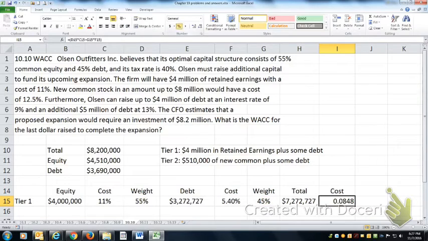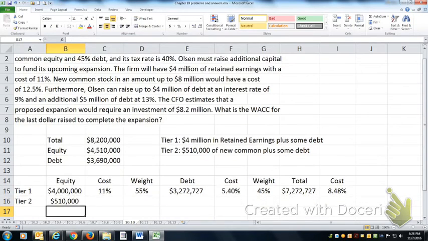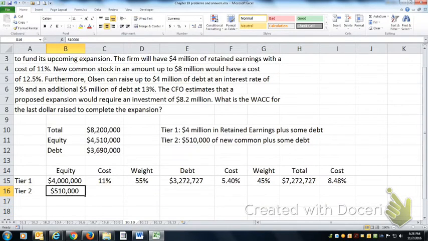So the first tier is going to cost around 8.48%, but it's not enough. We still need the Tier 2 amount, which would be $510,000 of new common, which has a cost of 12.5%, and it's still 55% of the mix.